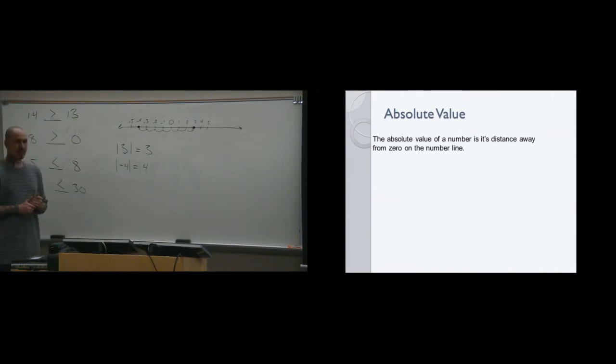There are lots of places where we use absolute value. So, for instance, in a car, when you have the speedometer. If I put the car in drive and I step on the gas, the speedometer may say I'm going 40 miles an hour. And I know since it's in drive, I'm going 40 miles an hour forward, right?